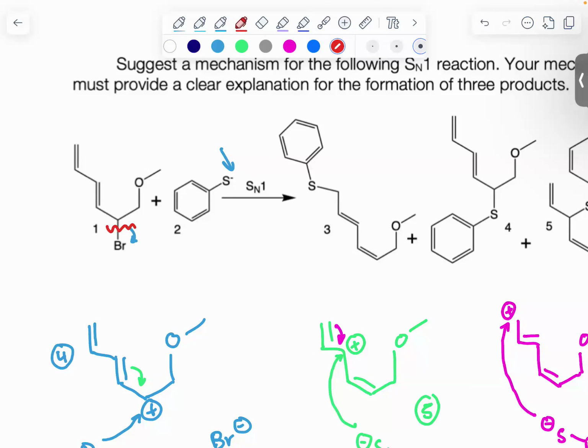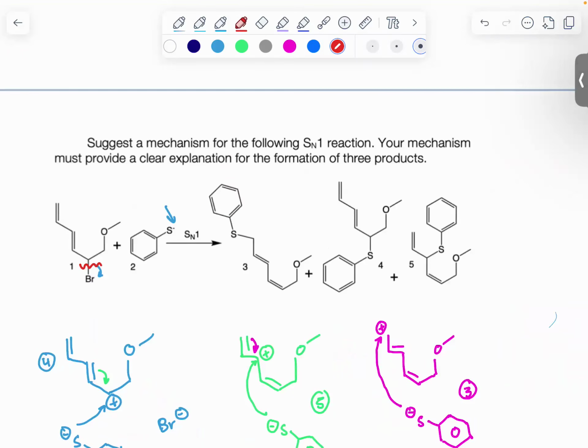Then I can indicate what new bonds are formed. What is the type of bond I'm looking for? What two elements will participate? The sulfur. So we're looking for a carbon-sulfur bond.